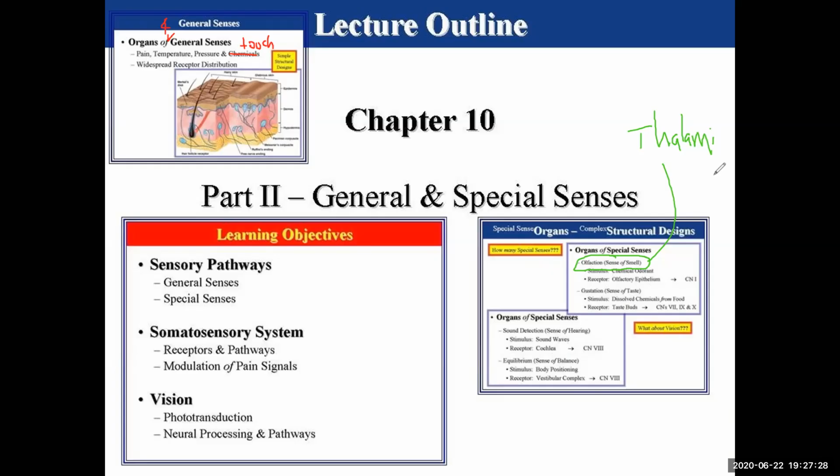So 2 thalami. 1 thalamus, but 2 thalami. So that olfactory signal goes straight to the olfactory sensory cortex. It bypasses the thalami. Because of this, sense of smell is the only sense that has a direct memory component to it.